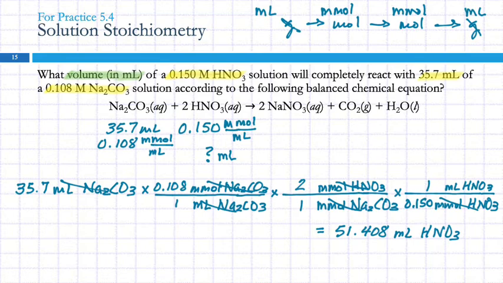How many sig figs? 3. So 51.4 milliliters of nitric acid.